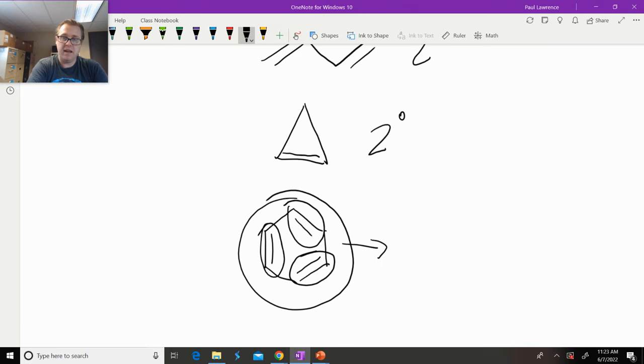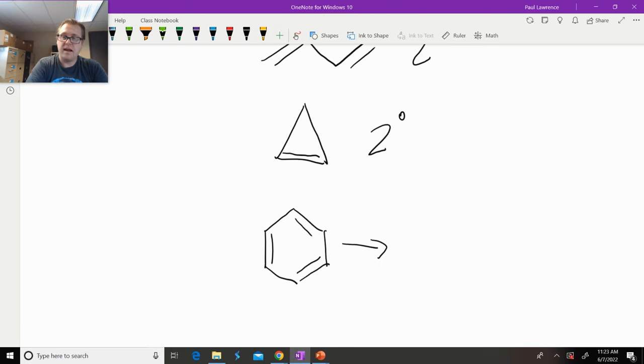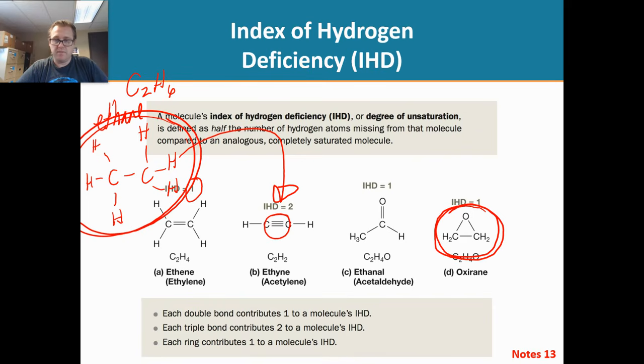So benzene has 4 degrees of unsaturation. So just by looking at a molecule, you can figure out how many degrees of unsaturation there are.